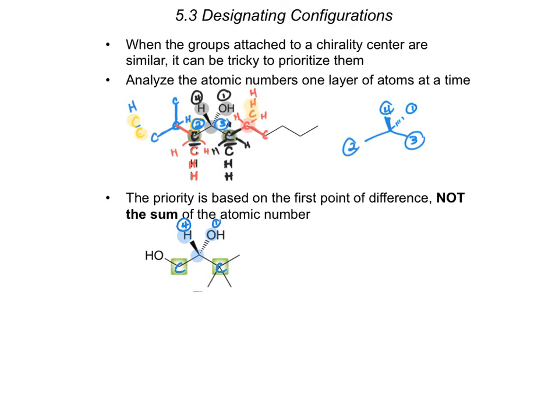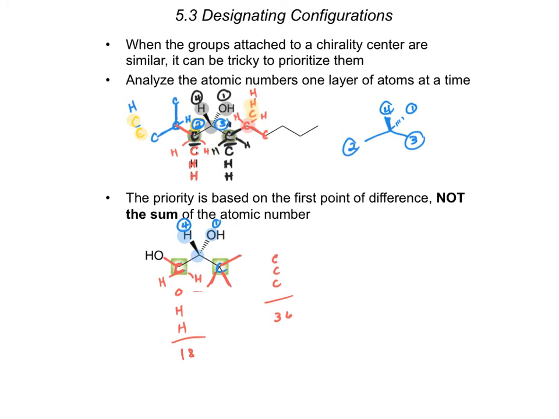So if I start on my right side, who is this guy attached to? A carbon, and a carbon. So carbon, carbon, carbon. Who is this guy attached to? We're attached to an oxygen, and then a hydrogen and a hydrogen. There is a tendency to say, oh, well, 3 carbons is like 36, and then an oxygen and 2 hydrogens, that's like 18.